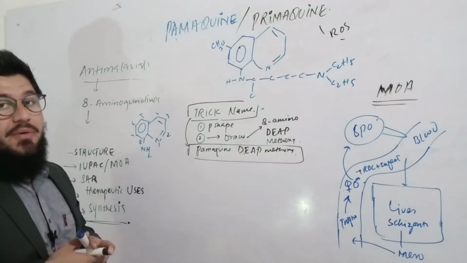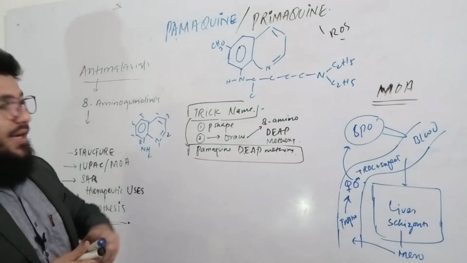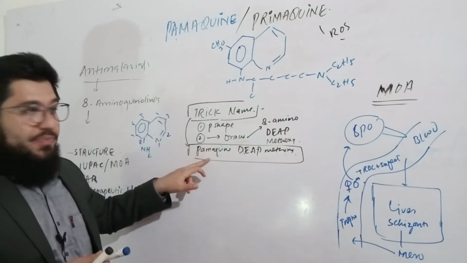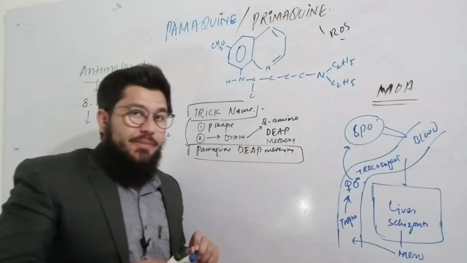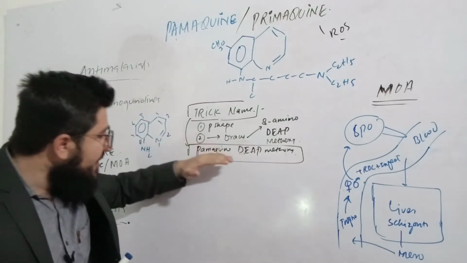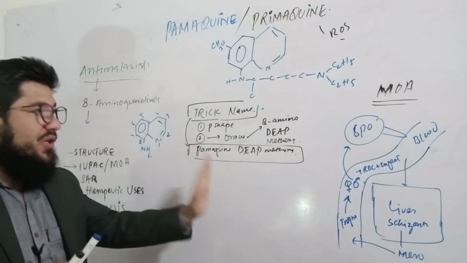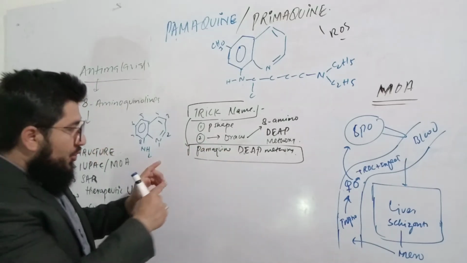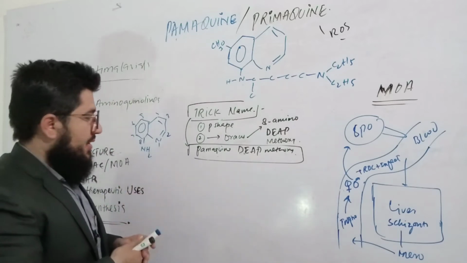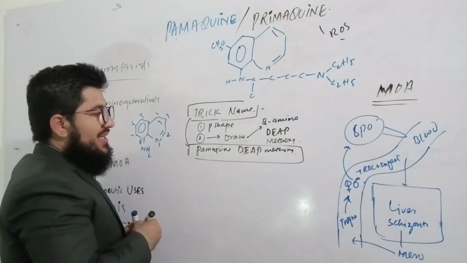So how will I draw? Simple. I have learned pamaquine by this trick name, pamaquine DEP-methoxy. Now by means of this trick name, I will draw the structure in a very easy way. Just concentrate.